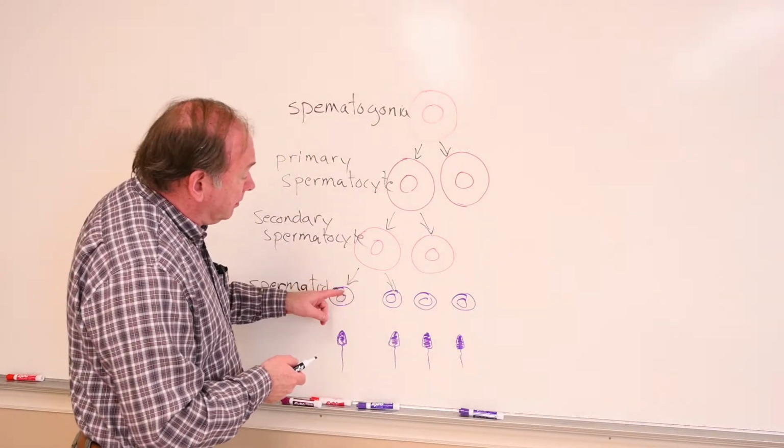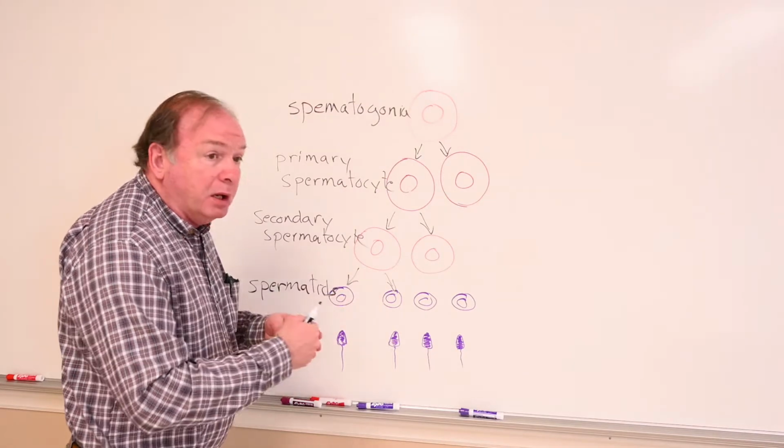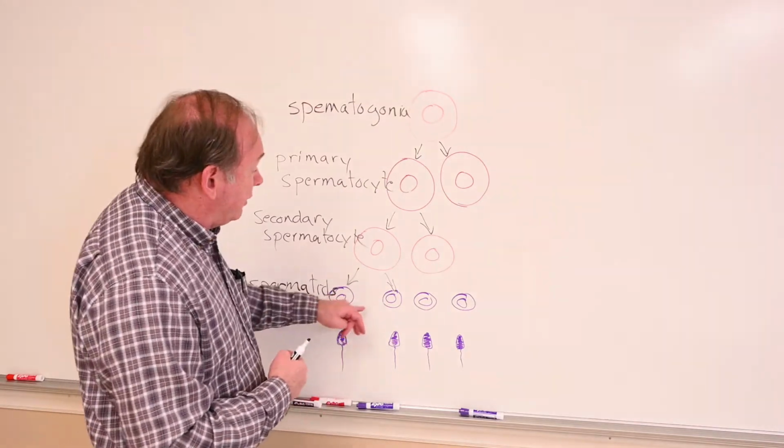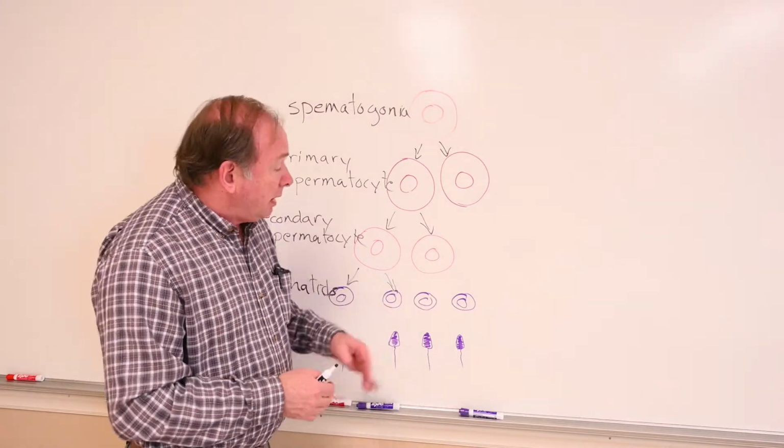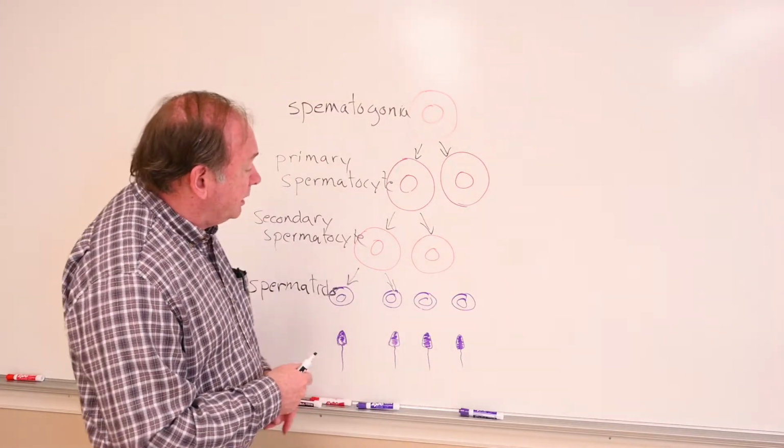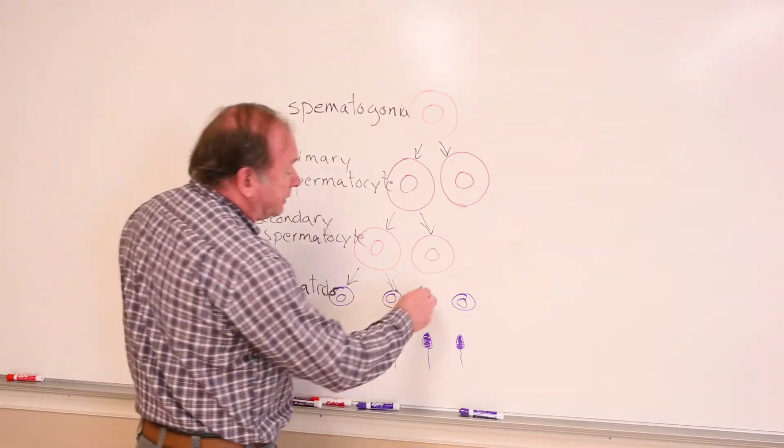So they both have the same kind of genetic information in each of these cells. These would have a different complement, but each of these two would be the same over here on this side.